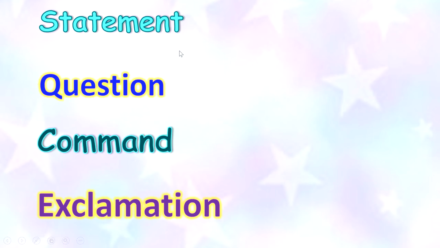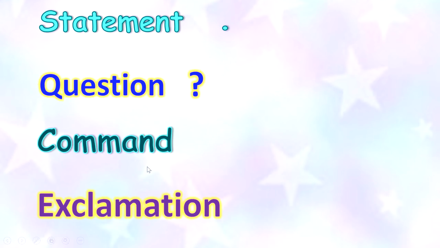The first one, how do you know that a sentence is a statement? It tells us about something, it gives us some information, and it ends in a full stop. The question starts with a question word and it needs an answer. And of course it ends with a question mark.